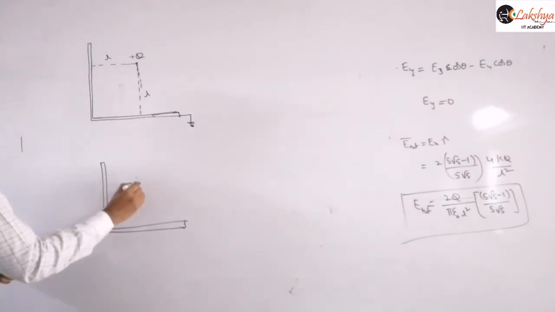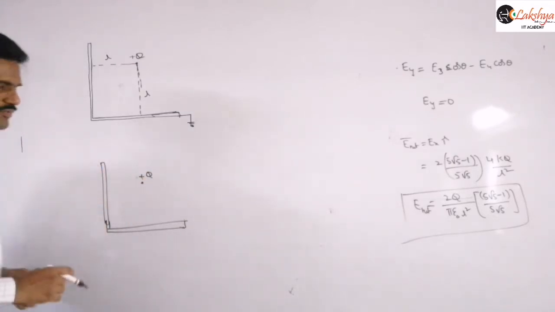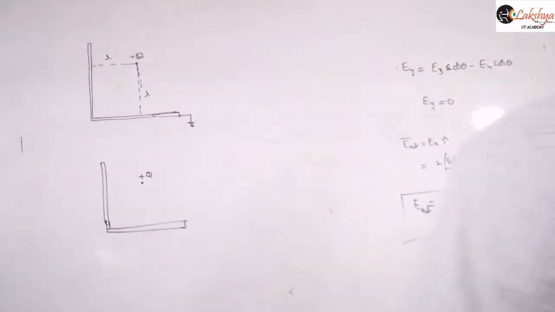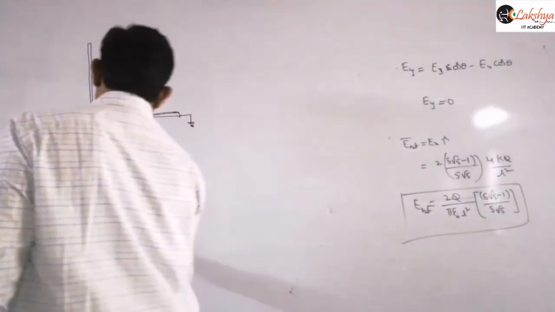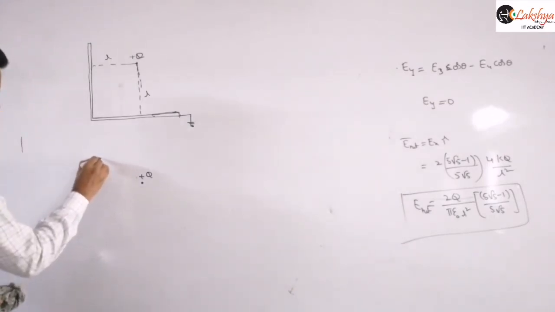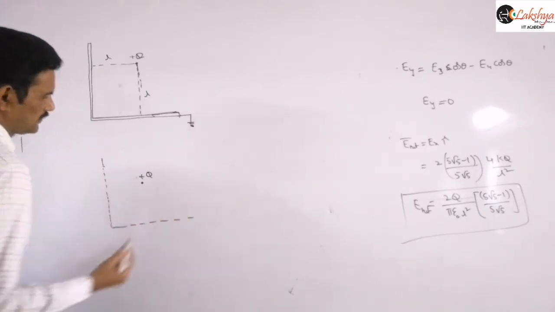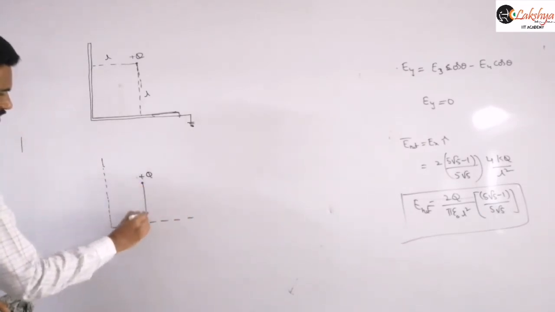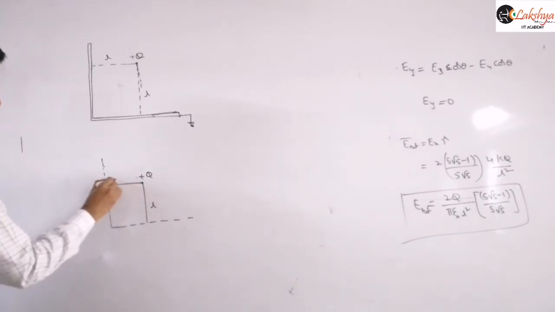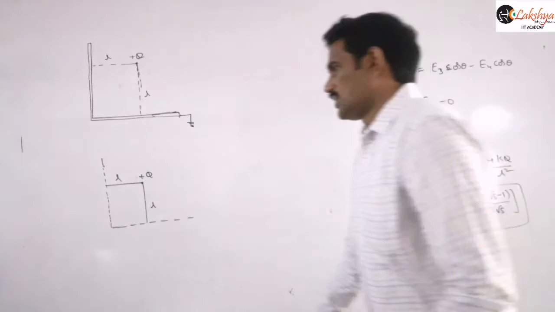So see this, I am taking this one charge here, the given charge, and now actually this is a plane. That means we need to represent it as just an equipotential surface. I will represent it like an equipotential surface. Right? So then this distance is L and this distance is also L. So now what we need to write is the image.